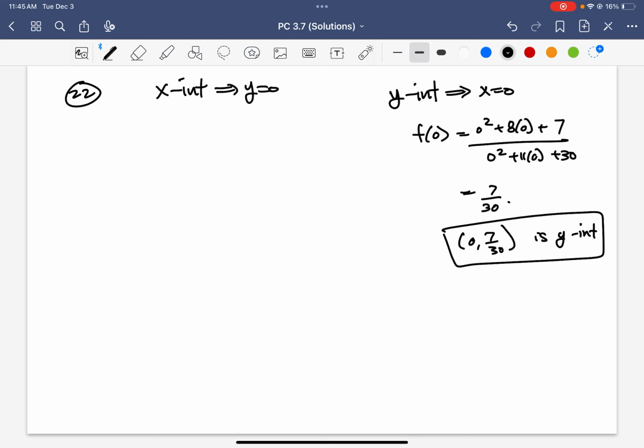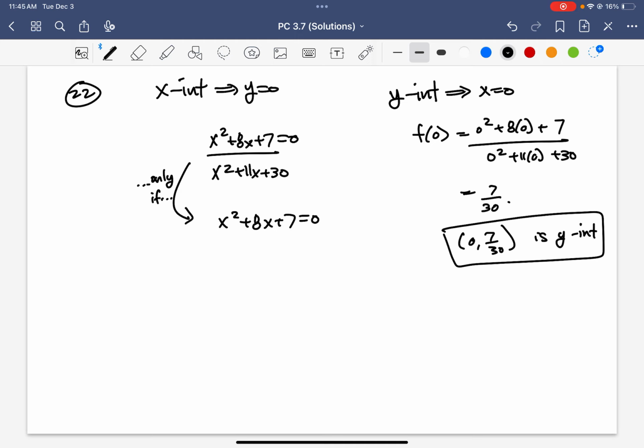Then we come over here, you set y equal to 0, which just means we set our whole function equal to 0, but the only way that can happen is if the numerator is equal to 0. So that happens only if that is equal to 0. And if you factor that, it factors into x plus 1 and x plus 7.